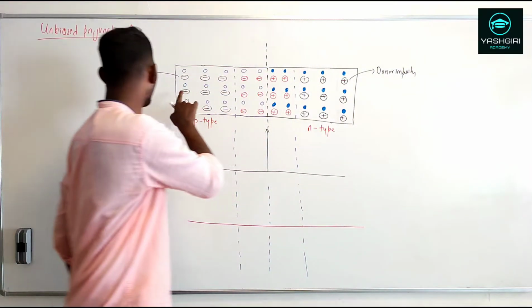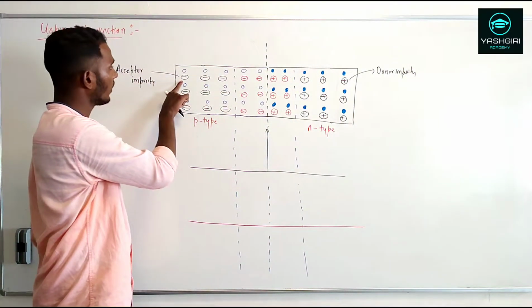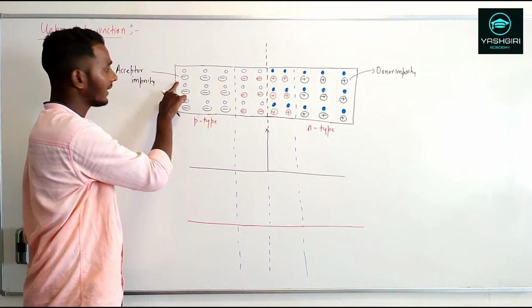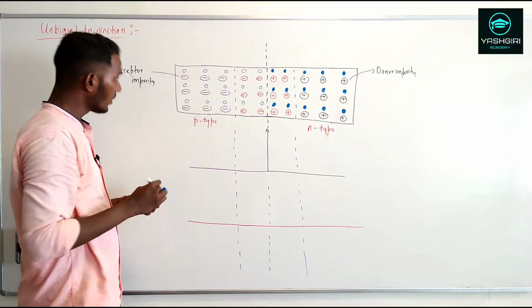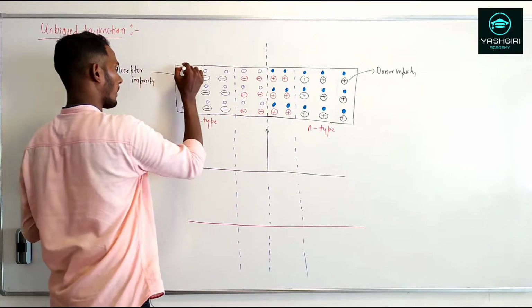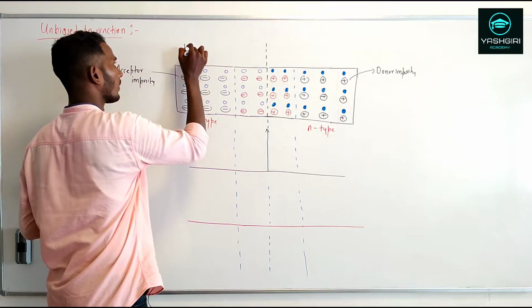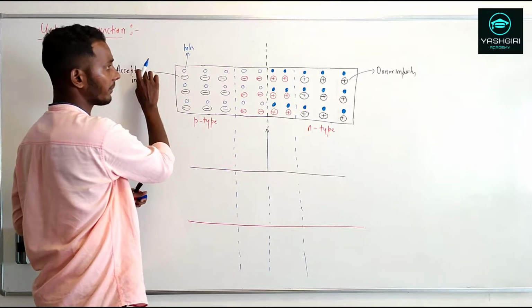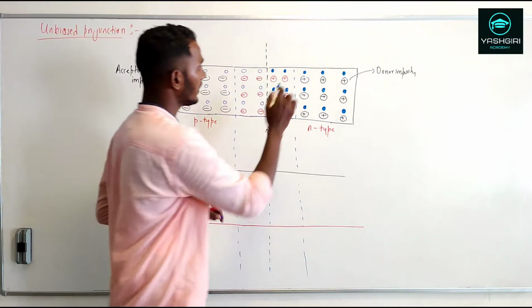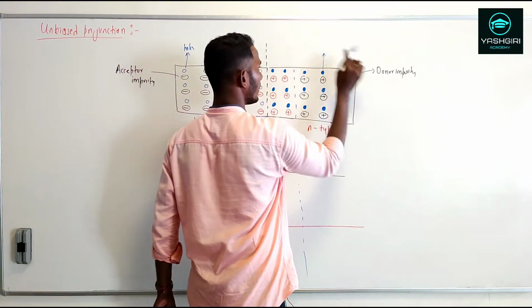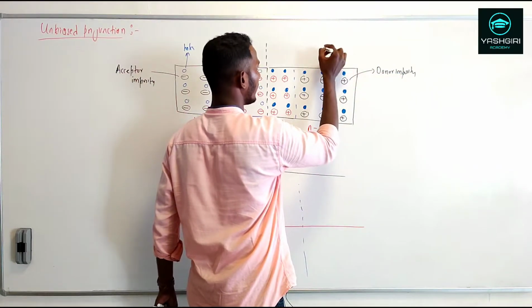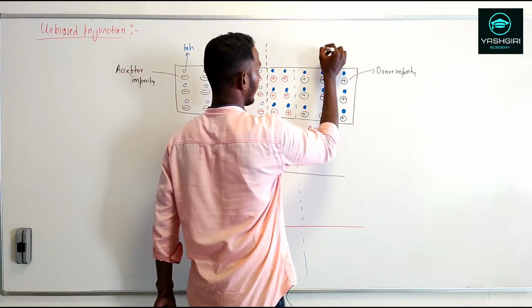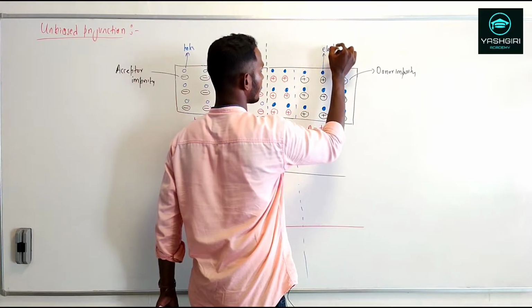Now I know that one acceptor dopant atom will give me one hole. So this is my hole, and the number of holes can be increased by increasing the number of acceptor atoms. The same thing is applicable on this side: each donor impurity will give us one electron. So this is my electron.